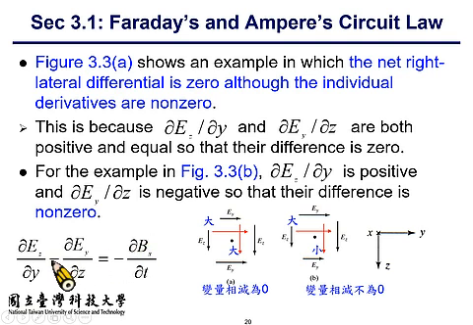So the first term is a positive number and the second term is a negative number, and because they are related with a minus relationship, you will end up with a positive number for this kind of field variation. That's something you can be aware of.